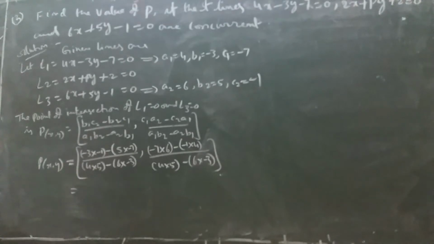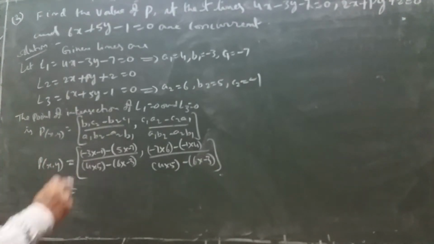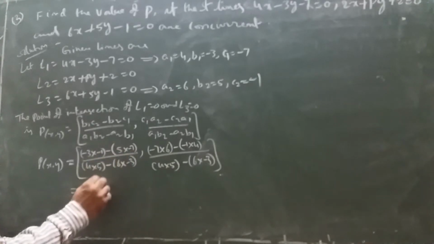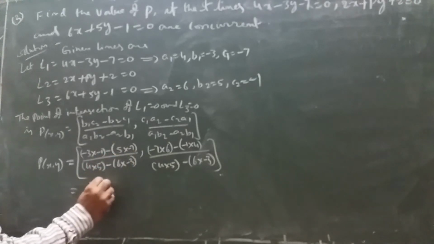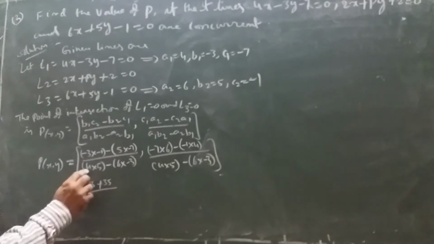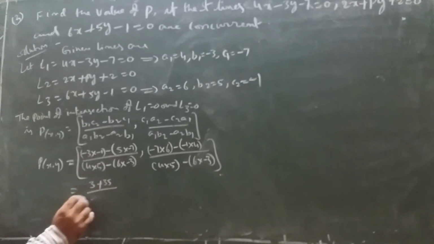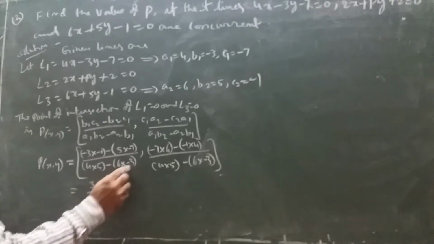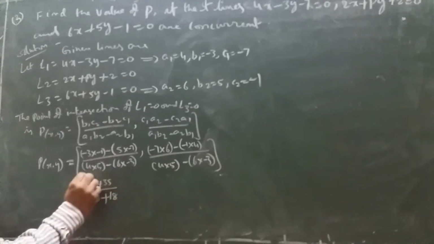We have to simplify that. Minus into plus 3 ones are 3, minus into minus plus 5 sevens are 35, by 4 fives are 20, minus into minus plus 6 threes are 18.